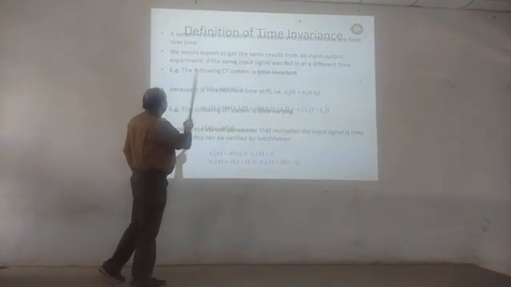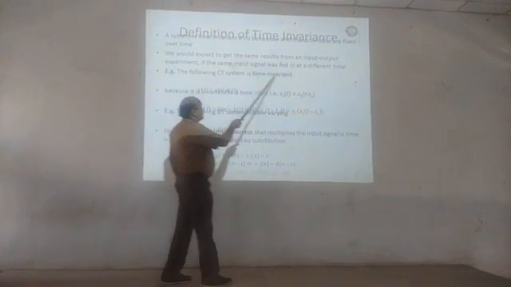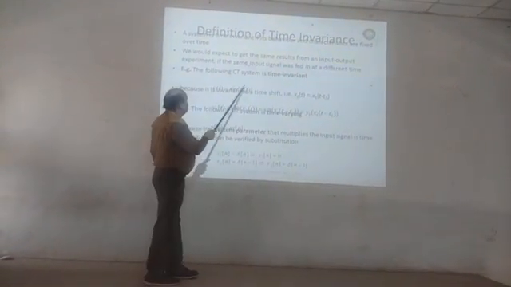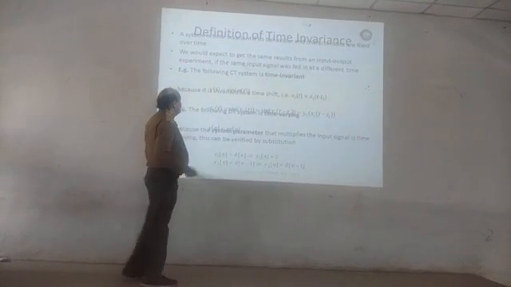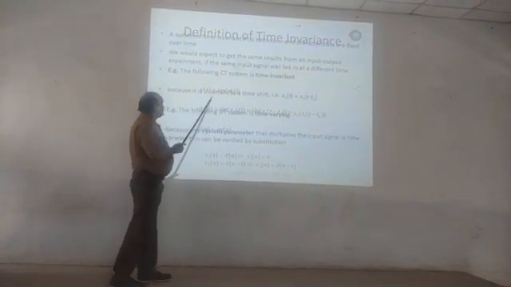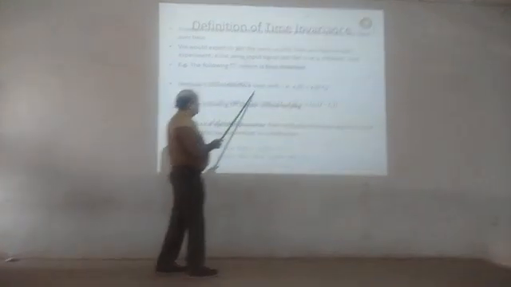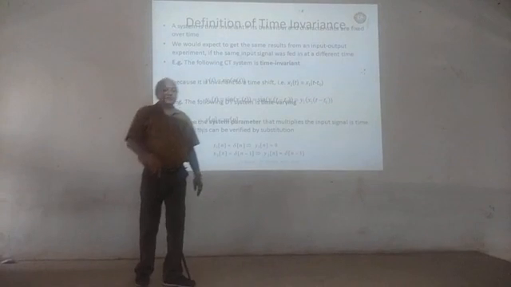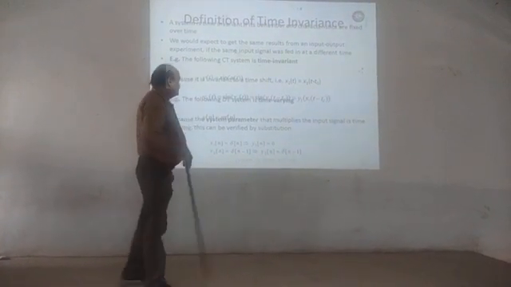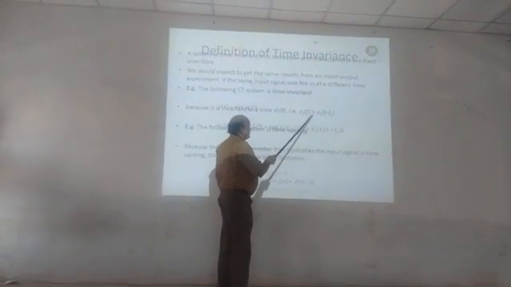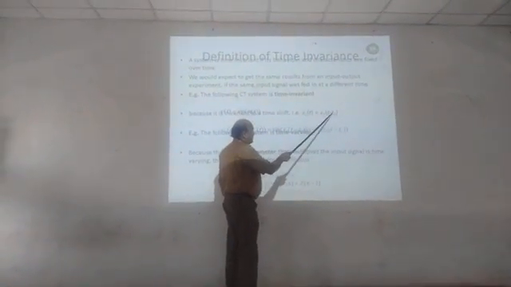From an input experiment, if the same input signal is fed in at different times, for example, the following CT system is time invariant: y(t) = sin x(t), because it is invariant to a time shift. Time invariant is also called shift invariant. This is x2(t) = x1(t - t0).